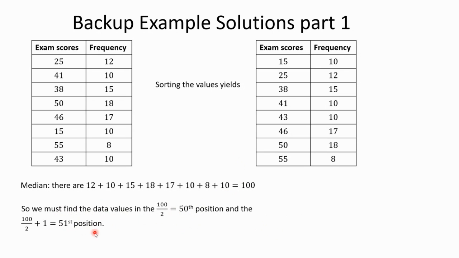So we have to look at those two values and get their average, their mean. Again, the number was even, we divided by 2, and what we do next is find the data values in these positions.